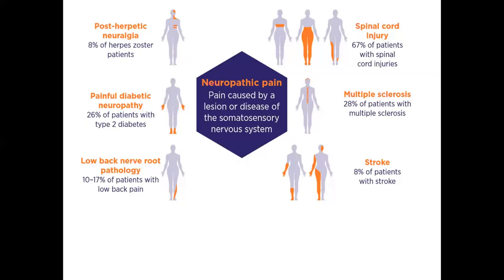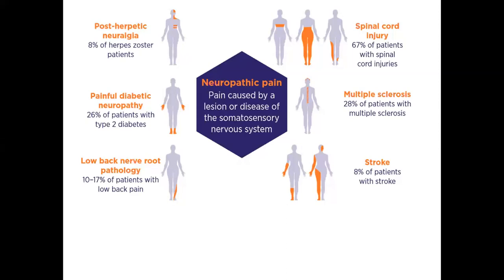We know about postherpetic neuralgia. This one can affect in the dermatome. And this is one of the earliest diagnoses of the fact that it affects the nervous system or the nerves.